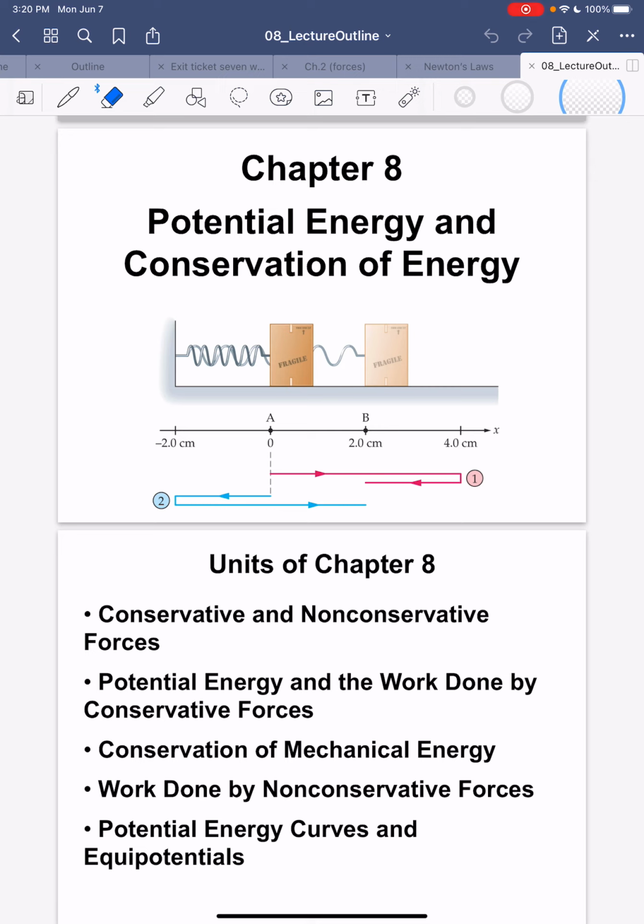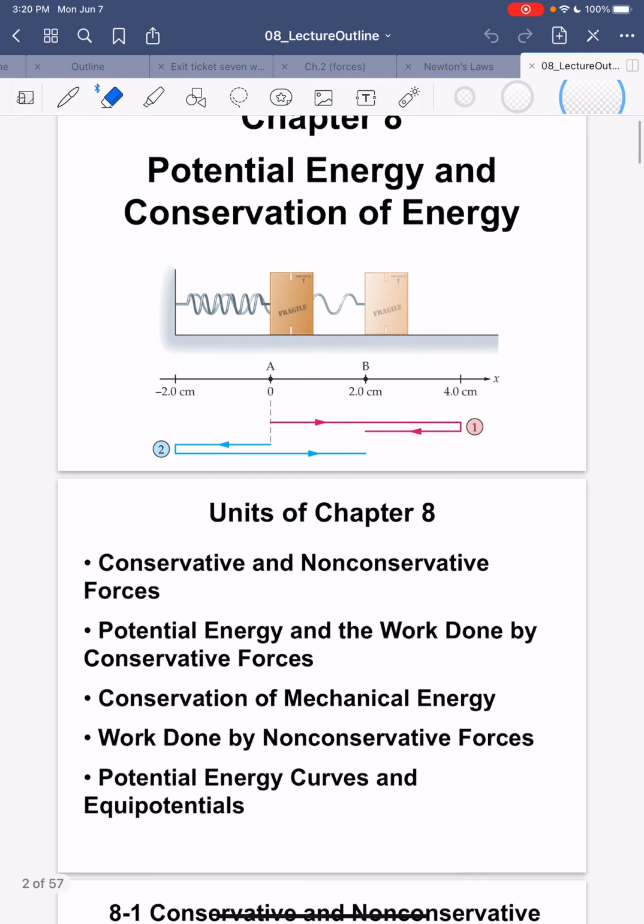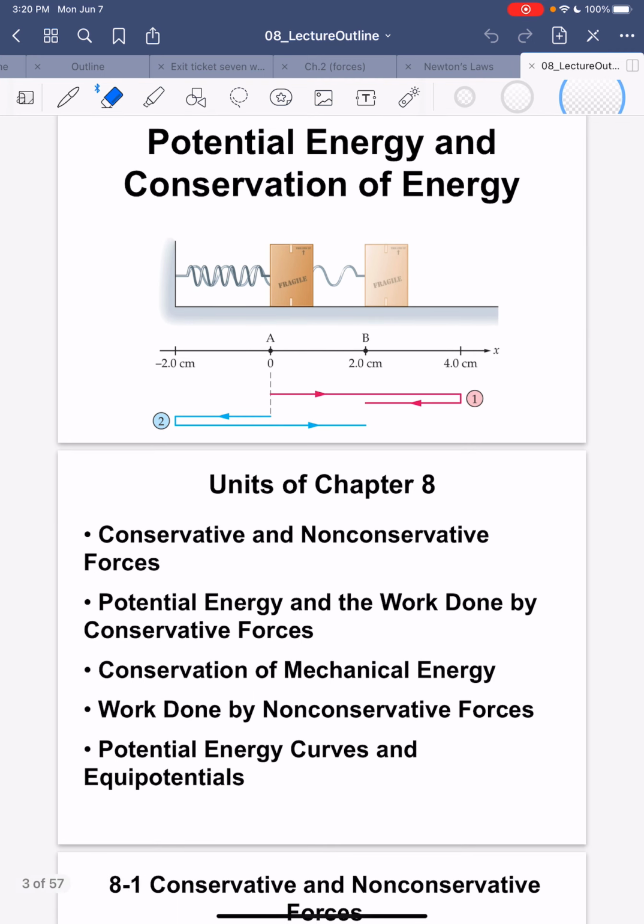We will be able to find the relation between a conservative force and a potential energy function, and find the work done by a conservative force. We are also going to introduce conservation of mechanical energy, and we will solve problems.